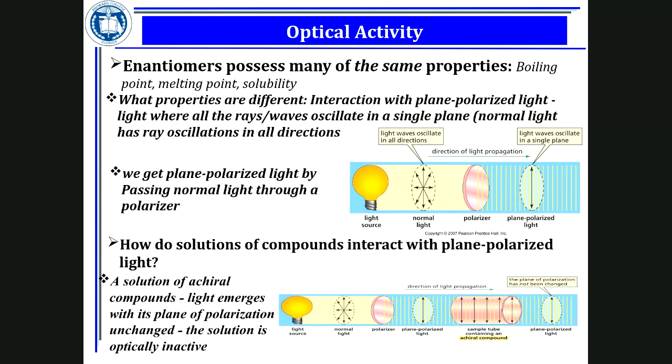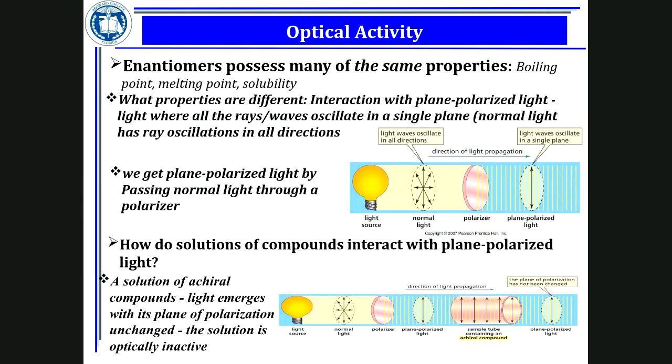Now, in order to rotate the plane polarized light, your compound must be chiral. It must be purely one enantiomer. Even a 50-50 mixture is not going to rotate the light, but it must be chiral. It must be optically active.